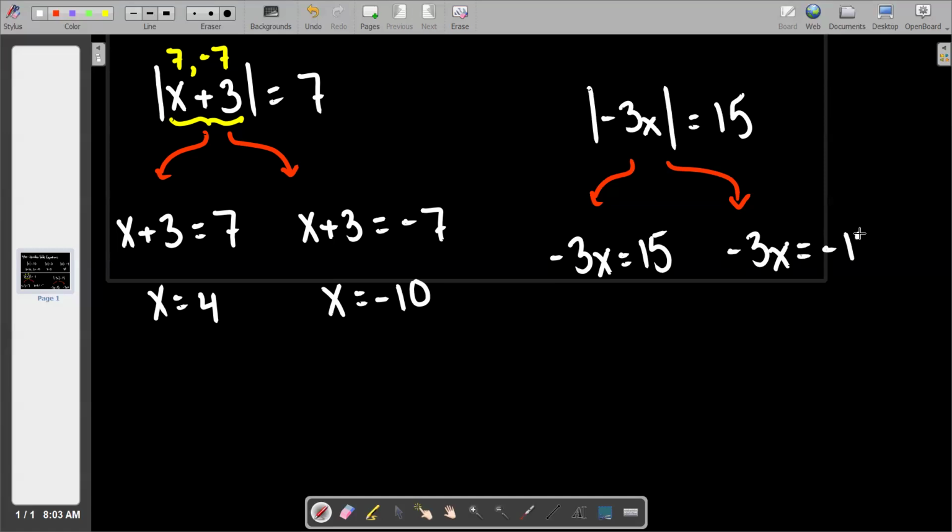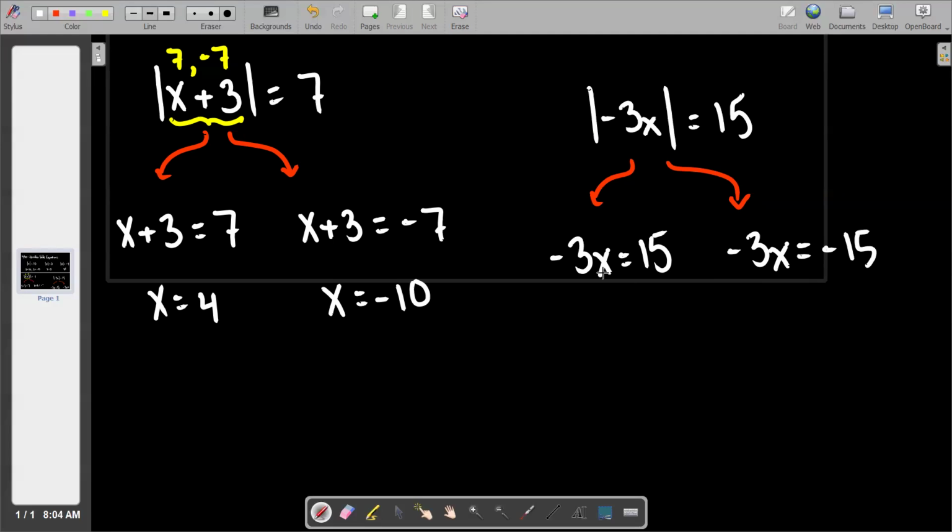And again, if you're lost right now in the chaos, don't overthink this. We're just trying to make what's inside the absolute value bars equal one of two numbers. So that's where the algebra comes in, is we just write the equations and then solve what we get. And on both of them, usually what you're going to find is that if you struggled with equations in Algebra 1, you'll struggle here too.